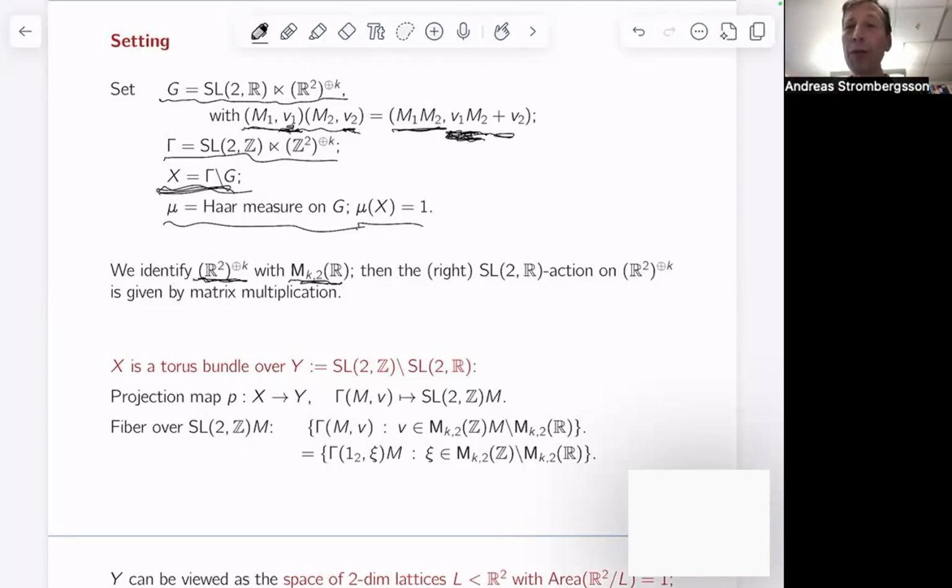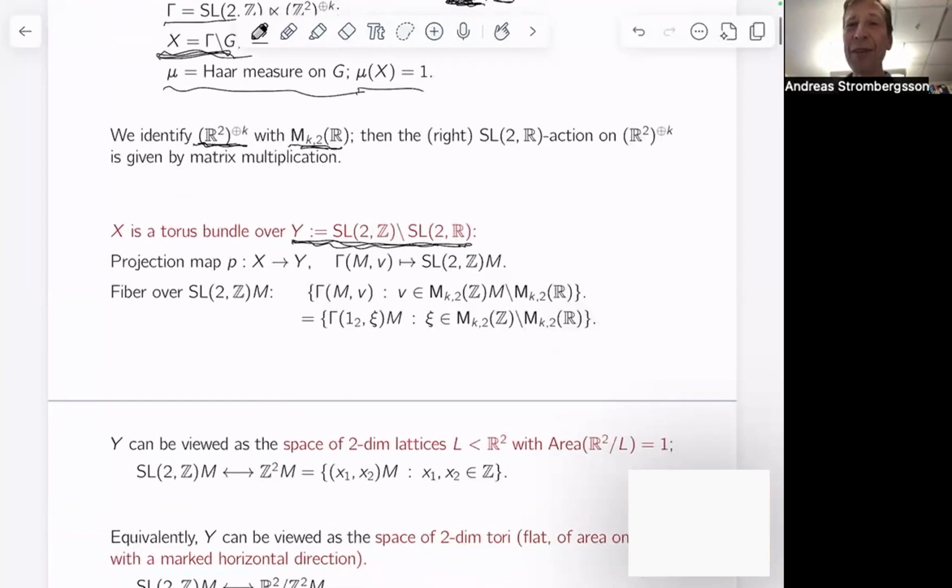So X is a torus bundle over this very famous homogeneous manifold, Y. Y we define to be SL2Z slash SL2R. Y can be viewed as the space of 2-dimensional lattices L in R2 such that the area of the quotient torus is 1.